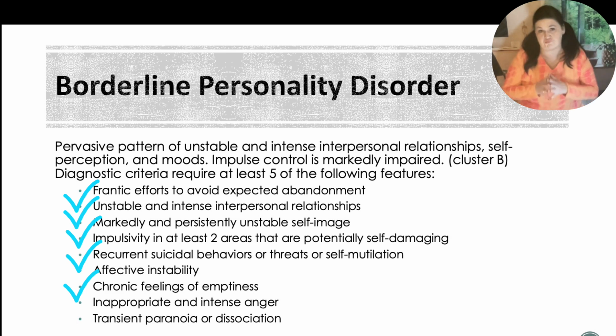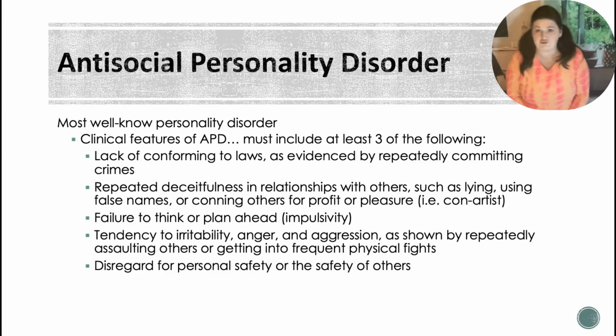Okay, antisocial personality is the fourth one. This is probably the most well-known personality disorder, and one that you should really make sure that you know about, understanding the clinical features of what we call APD. Antisocial personality disorder must include 3 of the following traits. First, a lack of conforming to the law, as evidenced by repeatedly committing crimes.